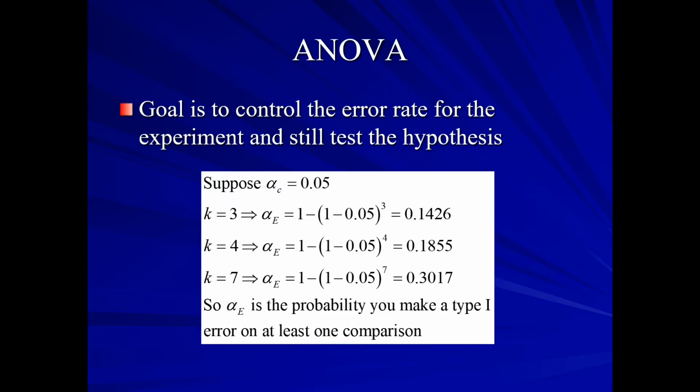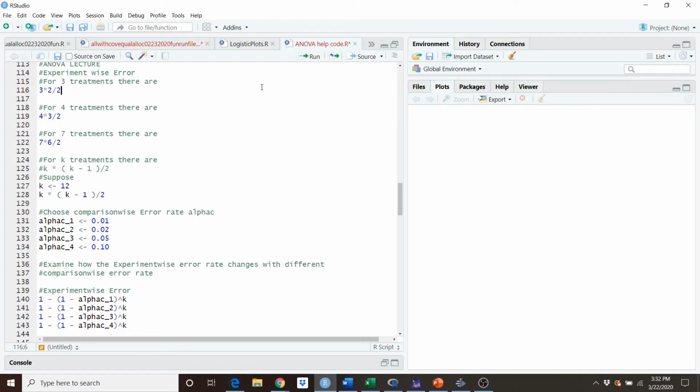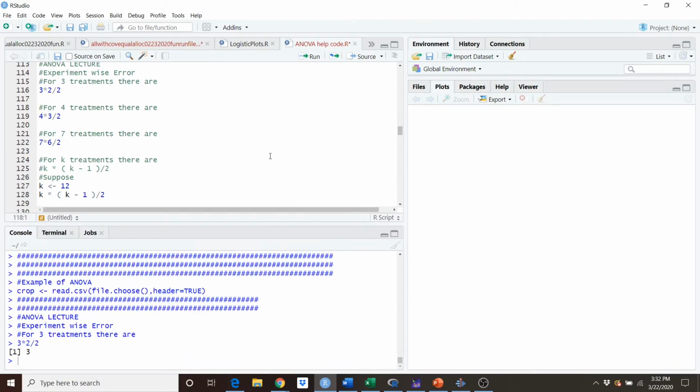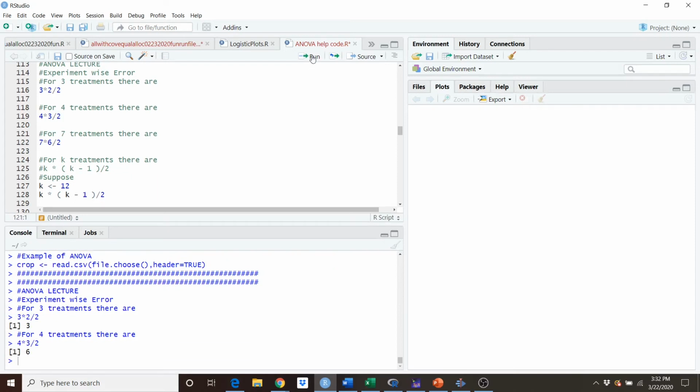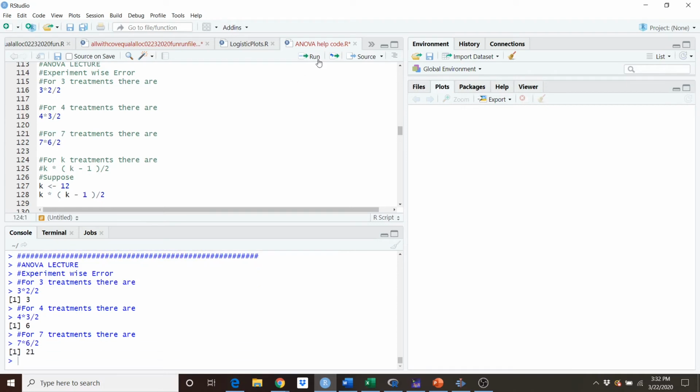Our alpha sub e, our experiment-wise error rate, is then the probability we make a type 1 error on at least one comparison. Remember, we said there are k times k minus 1 divided by 2 possible comparisons. So at 3 treatments, we have 3 comparisons. For 4 treatments, we have 6 comparisons. And for 7 treatments, we have 21 comparisons.